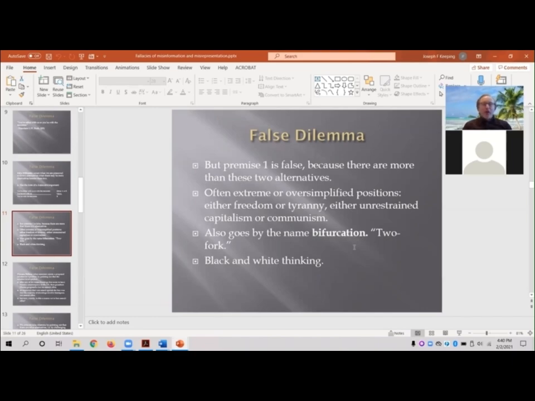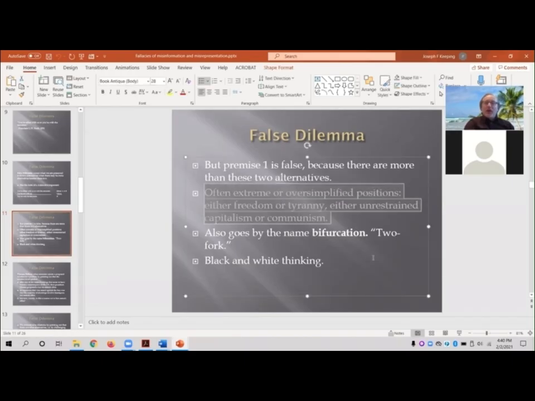Another way that might help you to detect fallacies of false dilemma is that they often present matters in extreme or oversimplified positions. A better example would be somebody who is in favor of stronger regulations on businesses, and then somebody says, oh, that sounds like communism, but it's obvious that we have more than two choices.